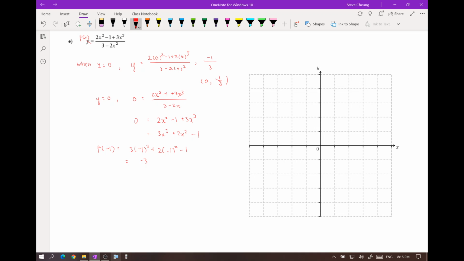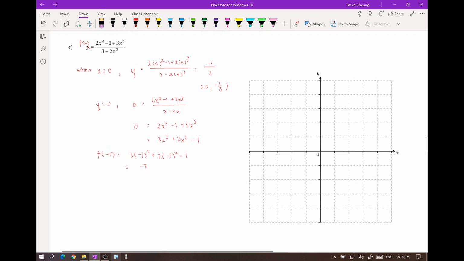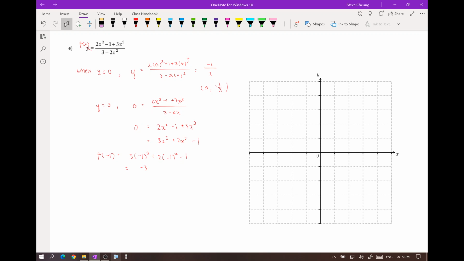oh no, that's not what I want. I want 1 minus 2 minus 3. Actually, does it even work here? What, 3 plus 2 minus 1 doesn't work. Negative will also not work. So 1/3, would that work? No, it doesn't look like there will be rational roots.